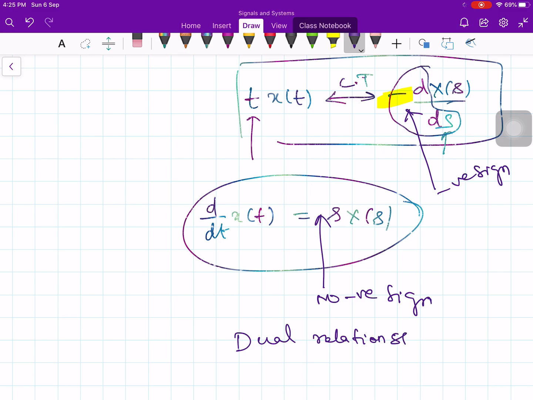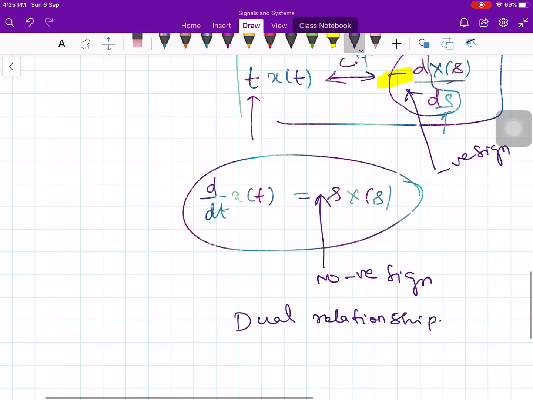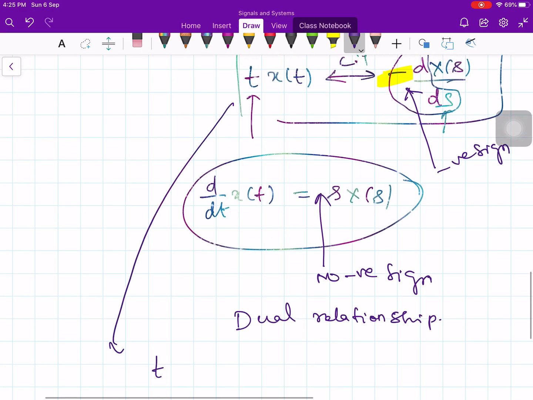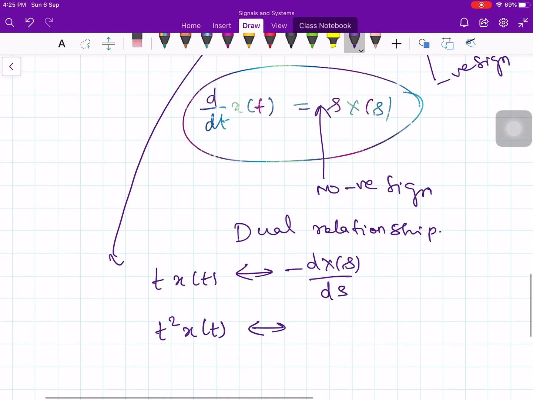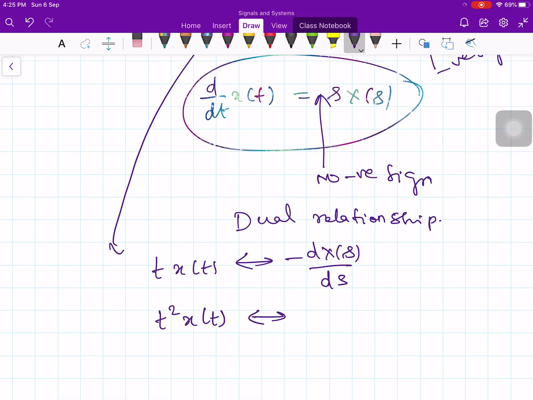Now based upon this, let me extend this result. We have t times x of t forming a Laplace transform pair with minus d times x of s divided by ds. Suppose I take t squared times x of t. If you follow the same procedure, it will again be minus d by ds of the Laplace transform of t times x of t.